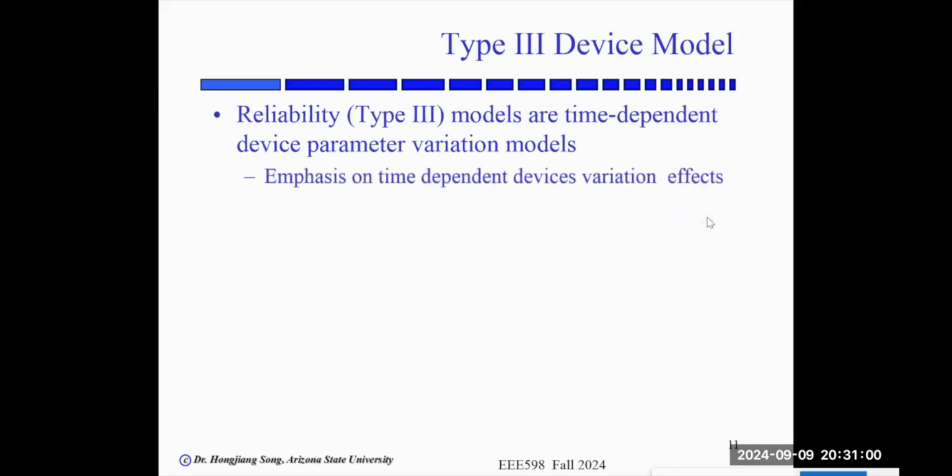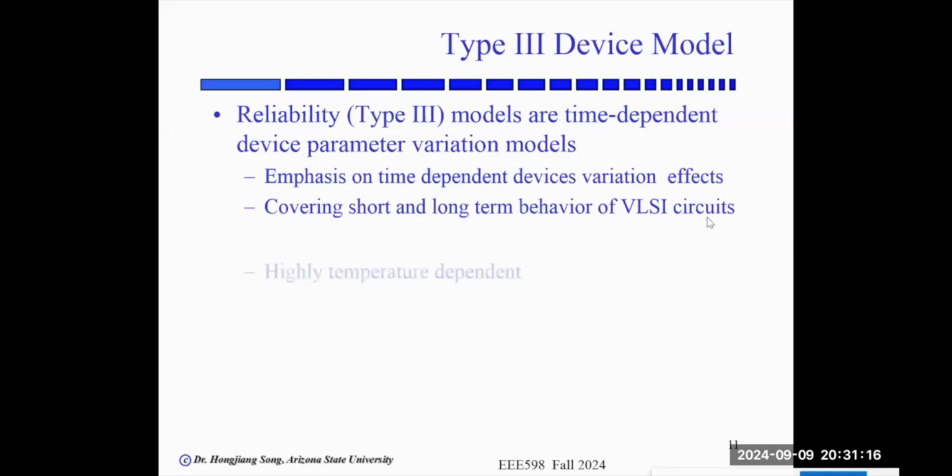Okay, in this case, we emphasize the device parameter changing in time. This should cover both the short and long-term behavior of the VLSI circuitry itself. Okay, and the second behavior, based on the information or maybe the data, is highly temperature sensitive.